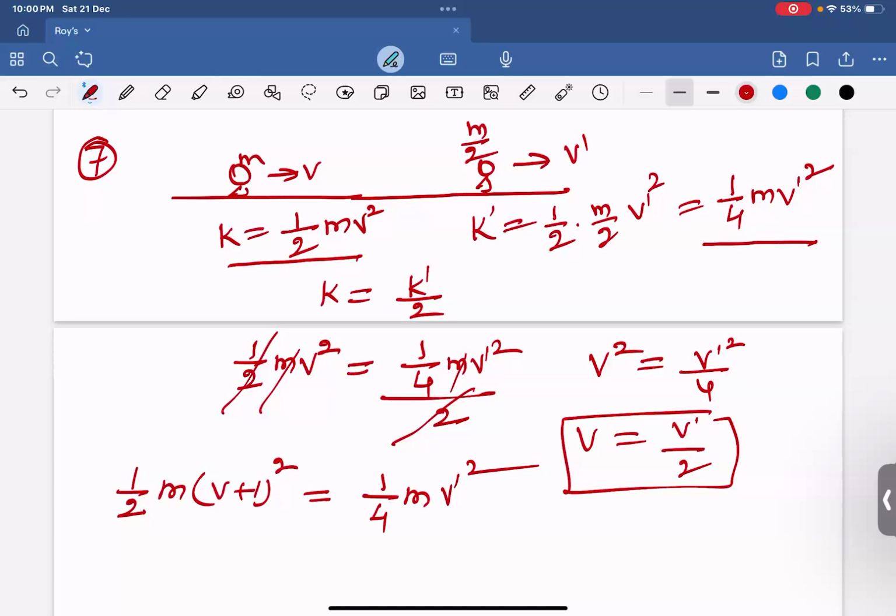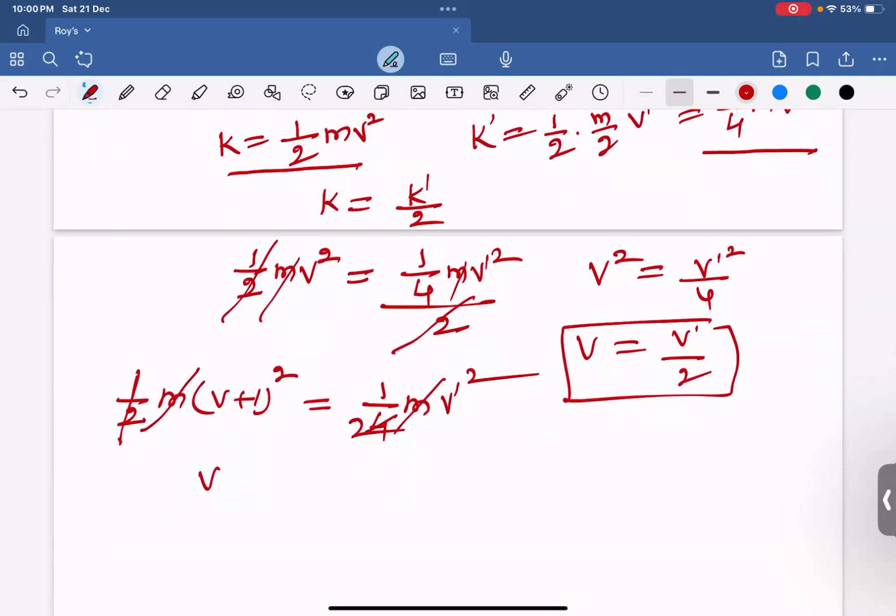So I have to find the value of v, that is the speed of the man. You can see that first m you can cancel here. 1 half also you can cancel here in terms of 2.